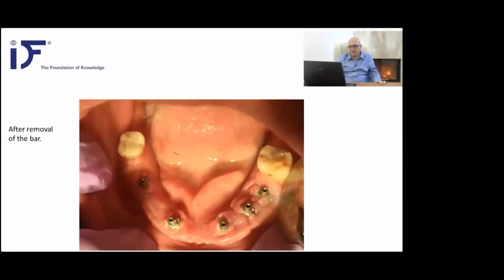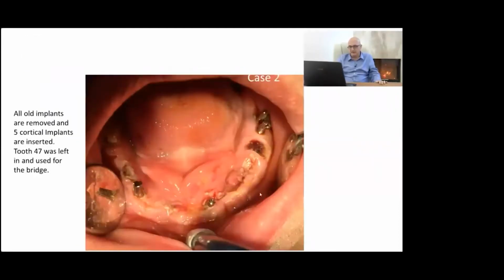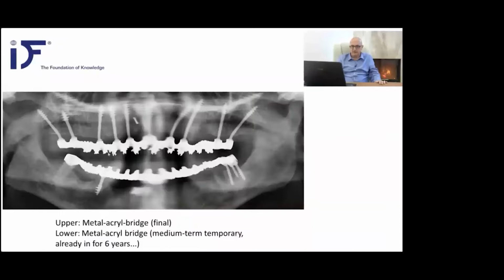So here you see all these heavy infections. We took out all the implants, we took out this molar, put a tripod here, put 2 implants there, and we're using this molar. So 1, 2, 3, 4. So this is, again, the strategic positioning of implants. We were planning this for 6 months approximately. We told the patient to come back after 6 months.